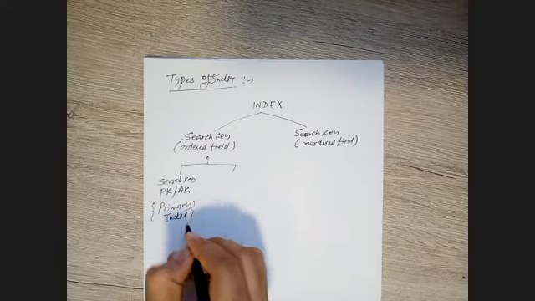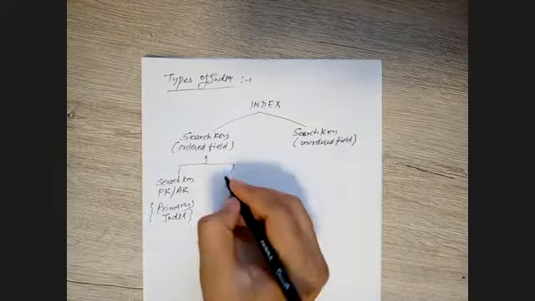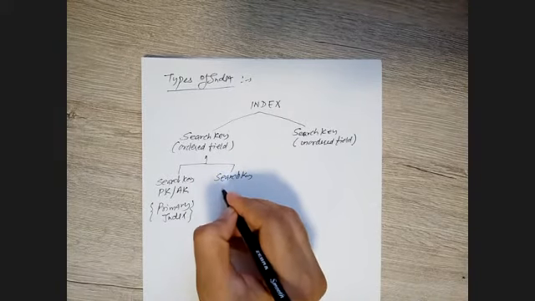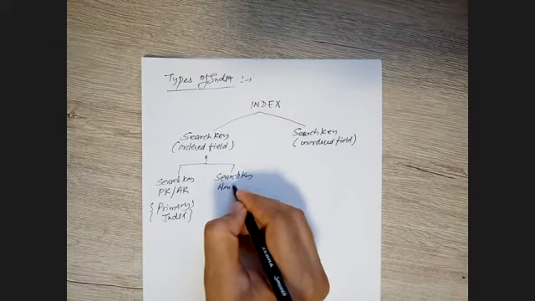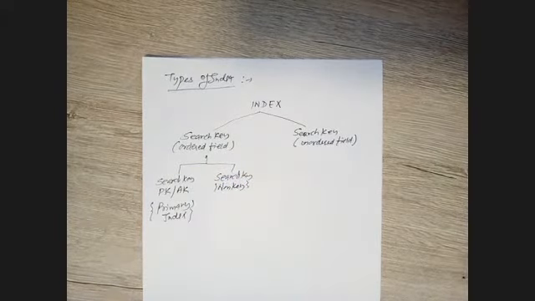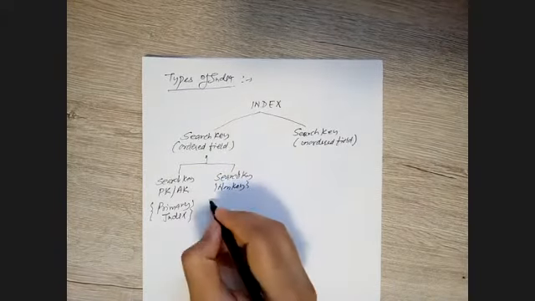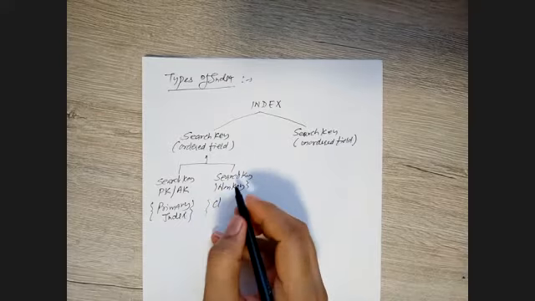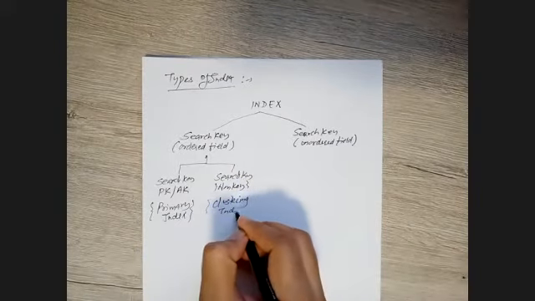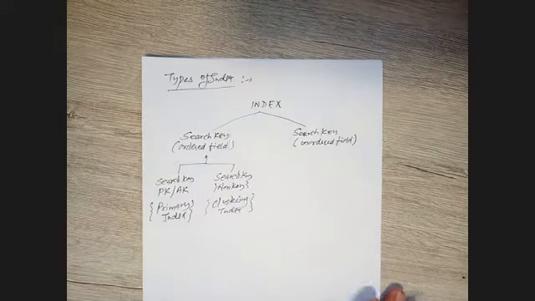Now, the other scenario is when the search key is non-key. Non-key means a key other than primary and alternate, right? In that case, we use clustering index.